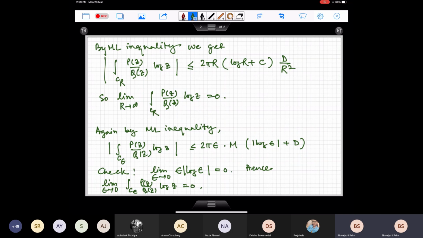Okay, great. So on both the circular arcs, my integral became 0. Fine, all good. Now I need to figure out the integral along the line segment I1 and line segment I2.